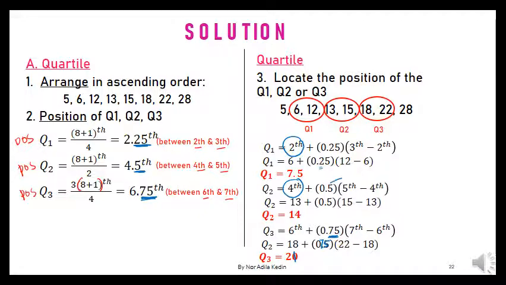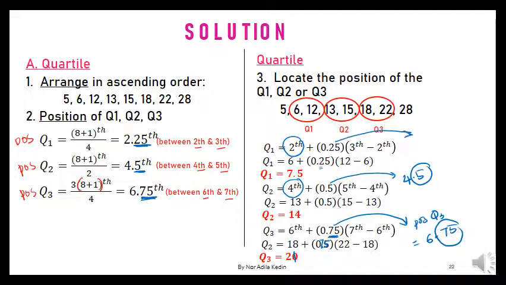Okay. Now, kenapa yang ini 0.5? Sebab position dia 4.5. Kenapa yang ini 0.75? Sebab position Q3 awak adalah 6.75. Kenapa 0.25? Sebab position for your Q1 adalah 2.25.